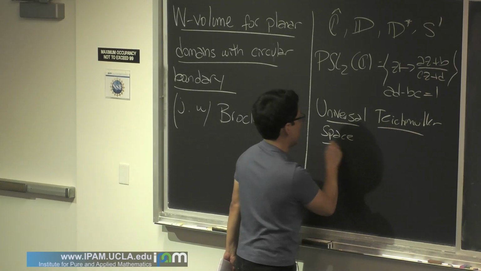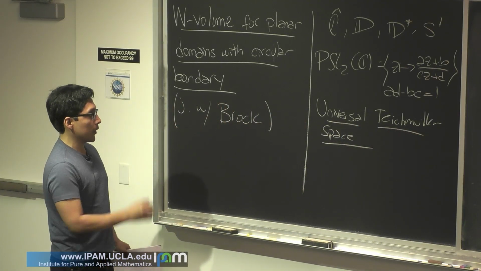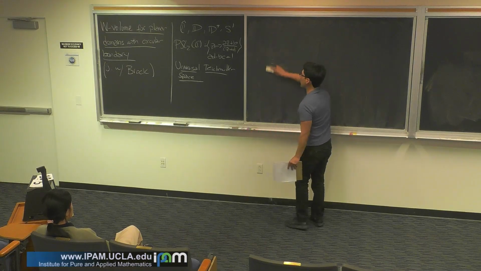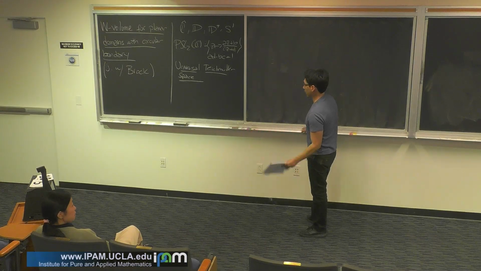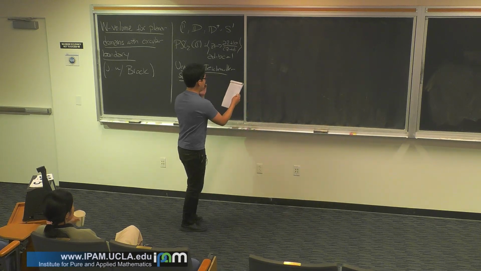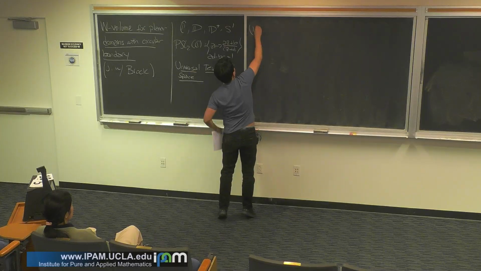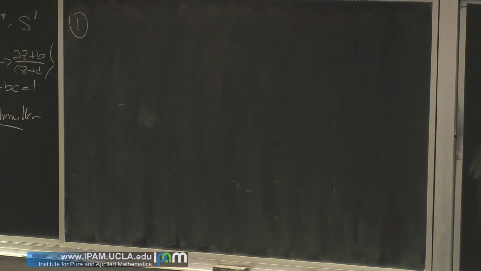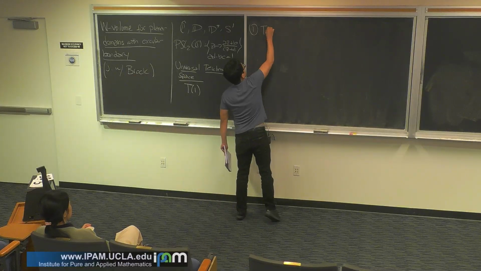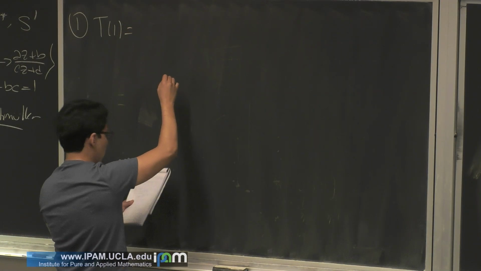I'll present it so you have something concrete to hang on to, although I'm not going to be using many of its features very formally. Let me introduce this in a few different ways. For starters, this is going to be my notation for it, and I'm going to start by defining it as the following.